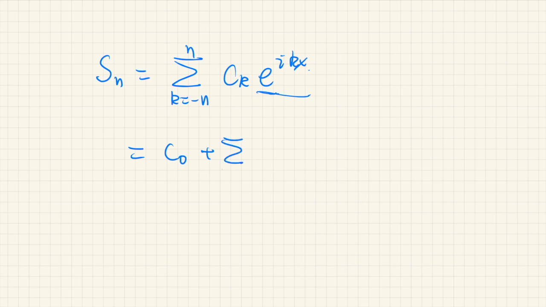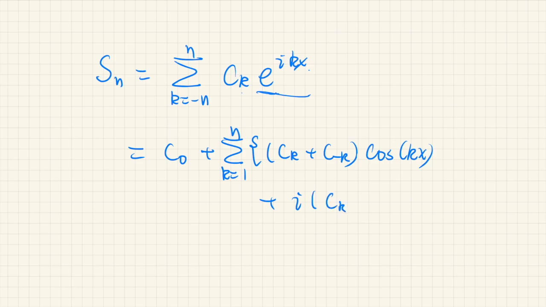And k from 1 to n. And so positive k and negative k, let's combine them together. And we have ck plus c minus k times cosine kx. And the imaginary part, we have i times (ck minus c minus k) and minus sine kx, because sine function is an odd function, so we have this negative sign here.